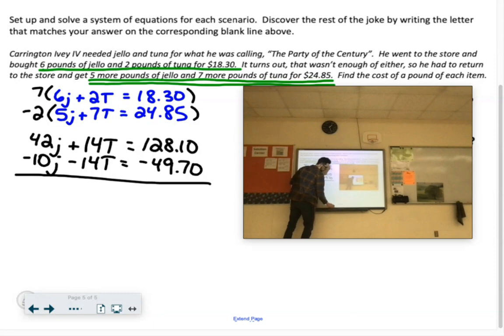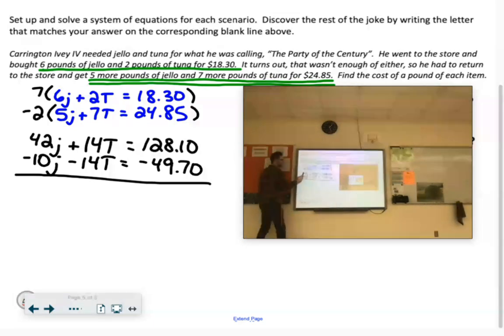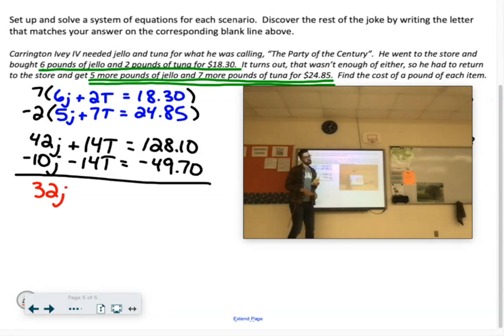Now, using elimination, 42J minus 10J is 32J. Our tuna has been eliminated. And then let's see, 128.10 minus 49.7 is 78.4, so $78.40.